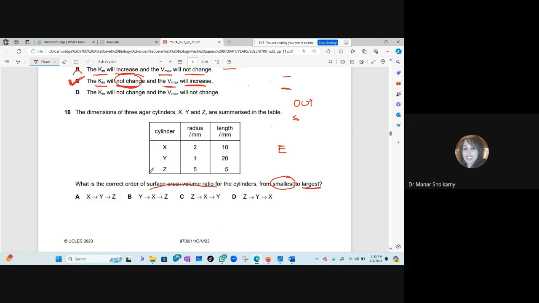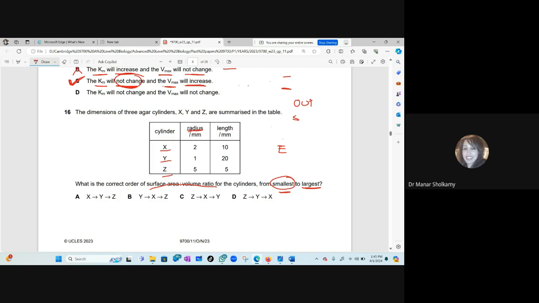But there is a very easy way to know the smallest surface area. Smallest to largest, not the largest to the smallest. So if we are looking for an object with a small surface area, this object will be big or small? Big. Okay. So let's look at X, Y, and Z, and look at the radius.